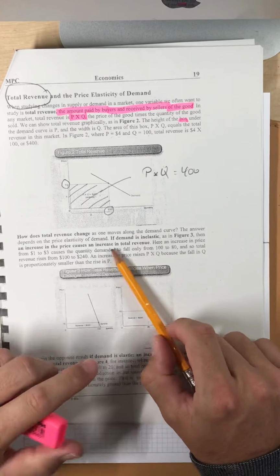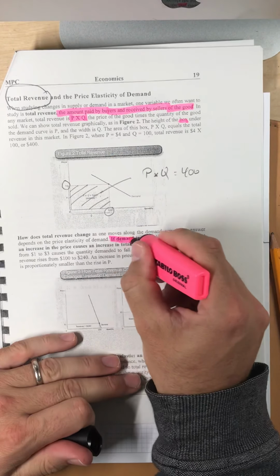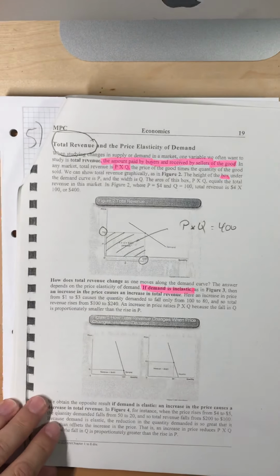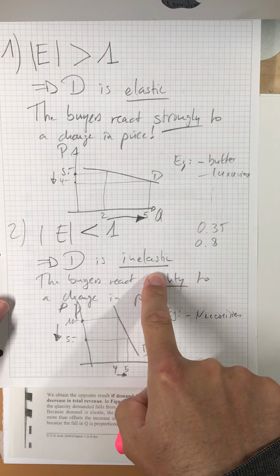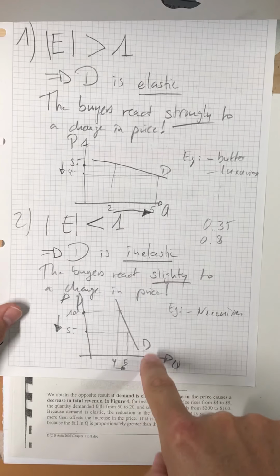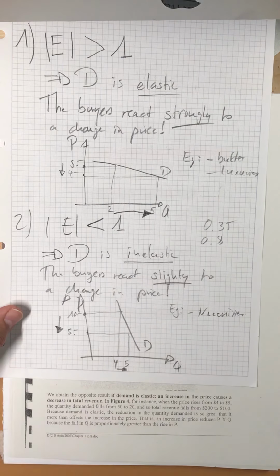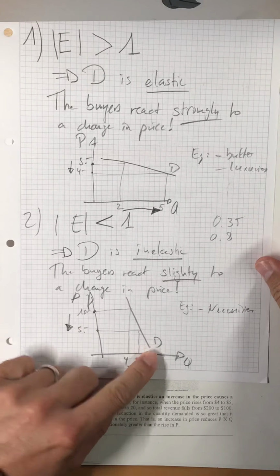So the price elasticity, if demand is inelastic, okay. So inelastic, I go back. Inelastic is the second case. Inelastic is a curve that's approaching a vertical line, not totally vertical, but this kind of curve, okay?